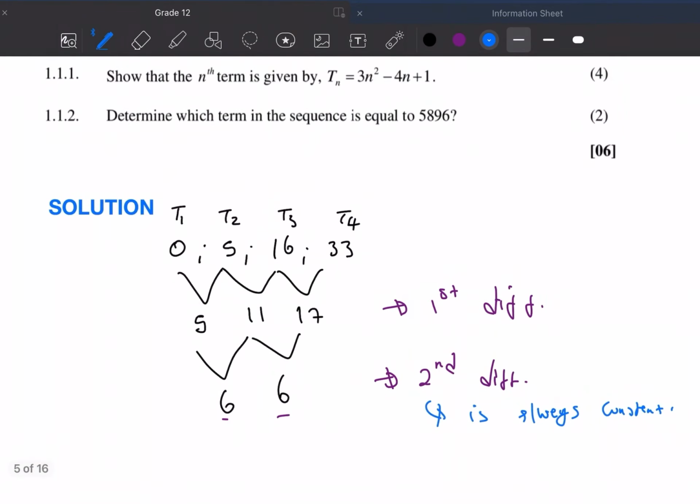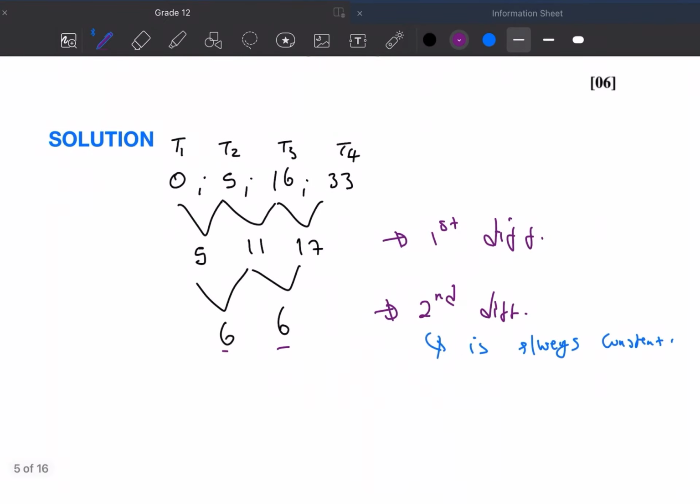And then the formulas that you need to remember: this value here, 6, is equal to 2a. It doesn't matter what value it is after doing this whole thing, that value is always going to be equal to 2a.